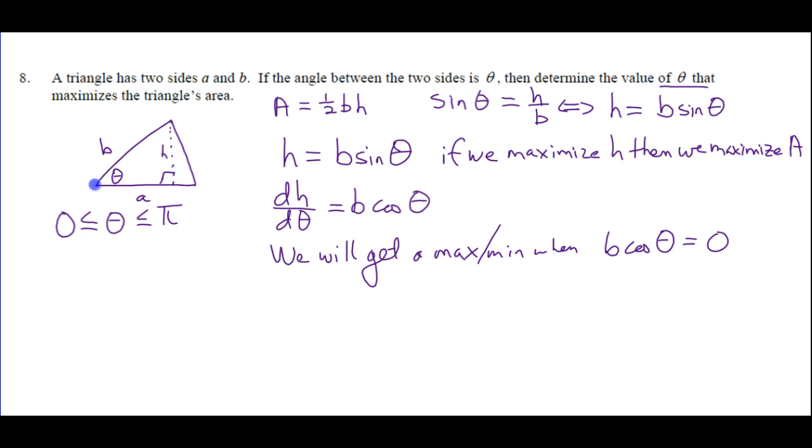Those would be the extremes, right? Now, if theta were 0, we'd have an area of 0 because you wouldn't really have a triangle. If theta were 180, again, you couldn't make a triangle. But we need to examine extremes. Once we found this, we need to say, well, here's the extremes. Your theta can go between here, and at 0 you don't have a triangle, and at pi you don't have one, so.